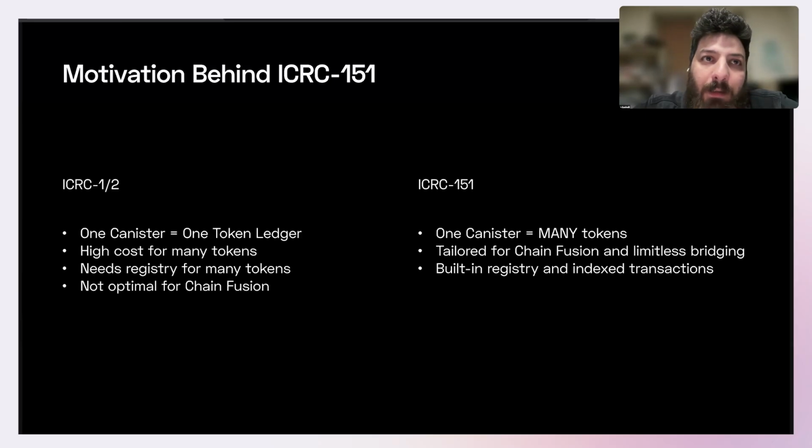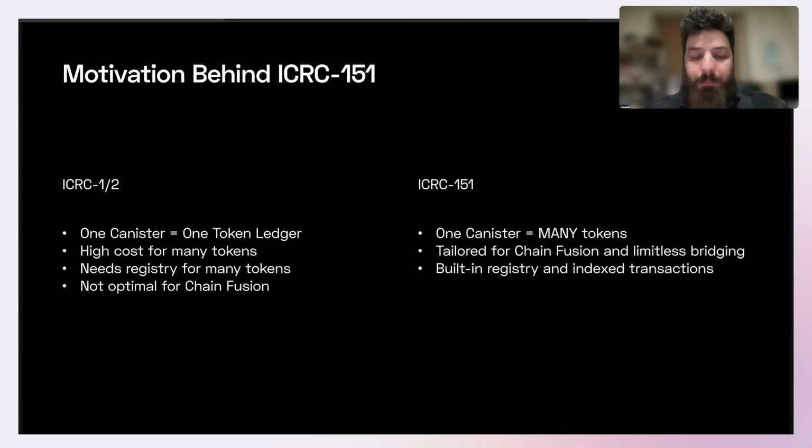So I decided to address that problem by creating a multi-token ledger which allows anyone to create multiple tokens which are managed by a single canister. So practically, ICRC 151 allows anyone to issue as many tokens as they want and has them encapsulated in one single ledger canister.